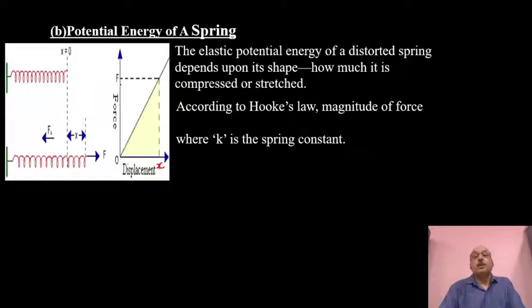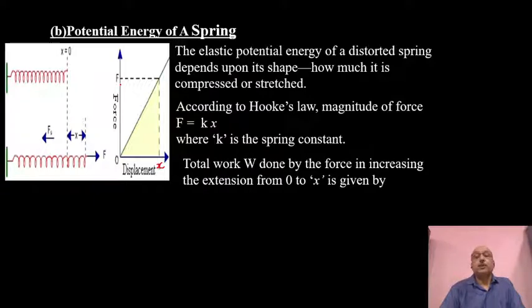The elastic potential energy of a stretched spring depends upon its shape, how much it is compressed or stretched. According to Hooke's law, F is equal to Kx. So the total work done W by the force in extending the spring from 0 length to x length: here x is equal to 0, that is, displacement is 0 as there is no external force applied.